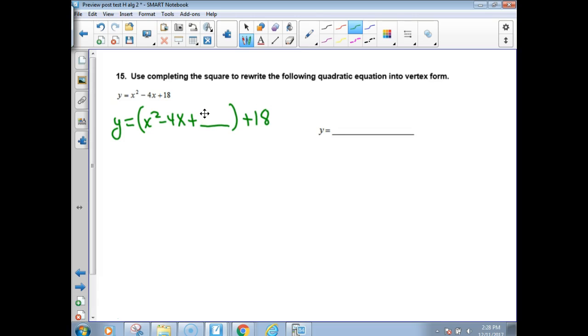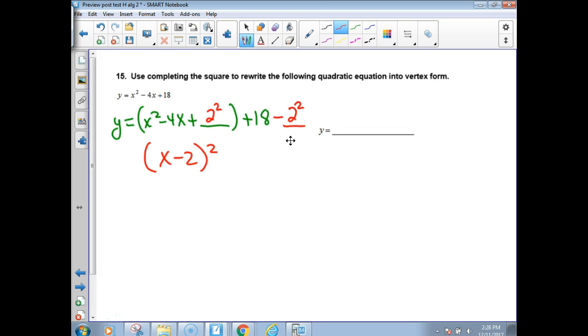If you add something, you must also subtract it. Okay, so I'm going to have a subtract blank. Then I figure this out as x minus 2 quantity squared. The sign should match. It's half of negative 4 that goes here. And then half of negative 4 squared would be the same as 2 squared. I just never write the negative sign because I don't want you to make a mistake on squaring a negative.